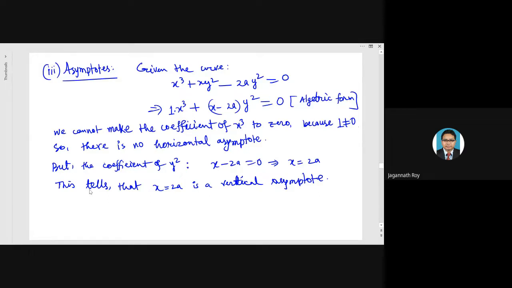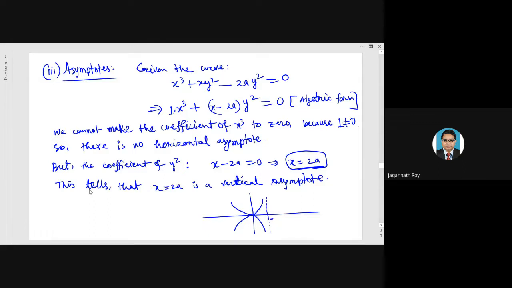So asymptotes are over. Now we still don't understand everything. This much we have understood: this is a cusp. It may be on the left hand side, it may be on the right hand side. At the same time, we have seen that there is going to be a vertical asymptote, so we'll put one vertical asymptote.